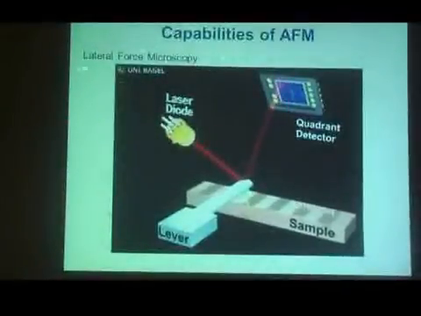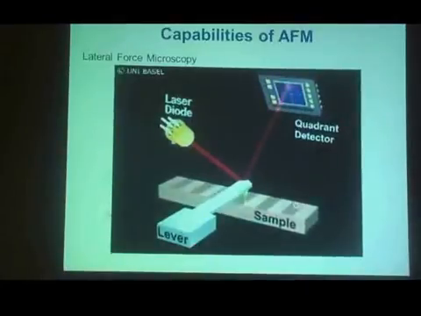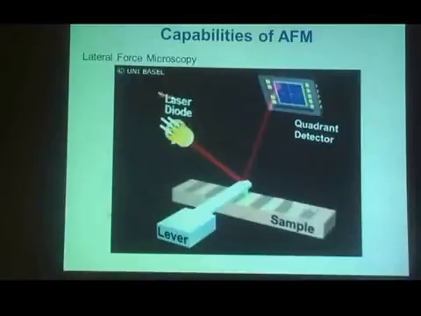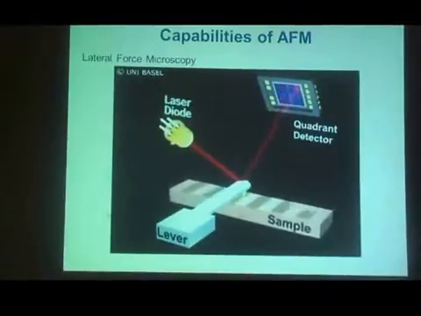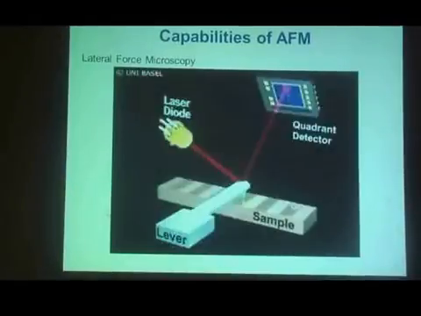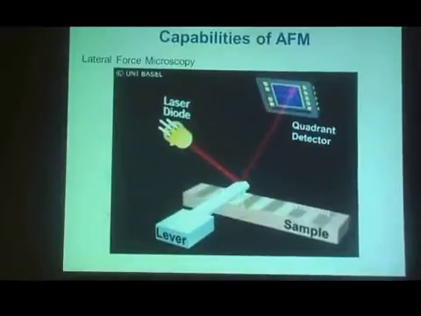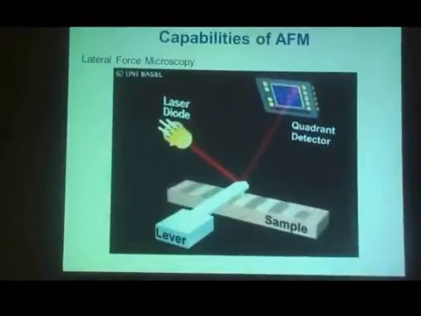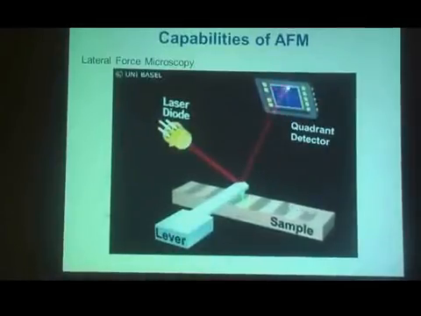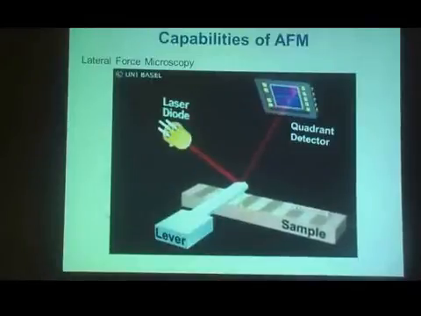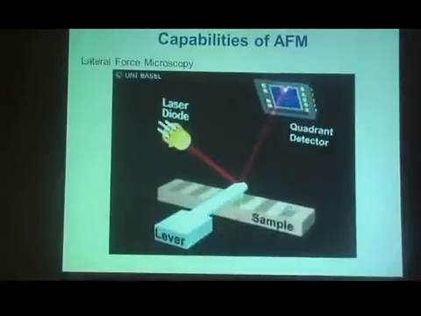Okay. So even with the basic modes of AFM, there are different things that are possible. One is called lateral force microscopy. In addition to the topography, that is the morphology of the system, you can measure if there are 2 types of materials in your system, one rough and the other one smooth. If your substrate surface is smooth, then the laser spot will always be in the middle when the chip scans.